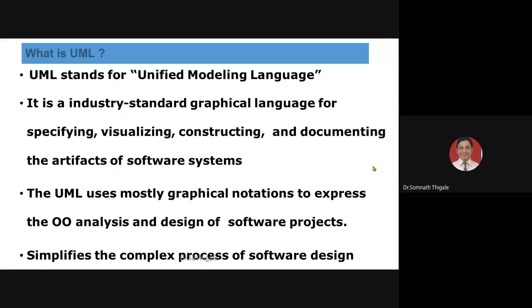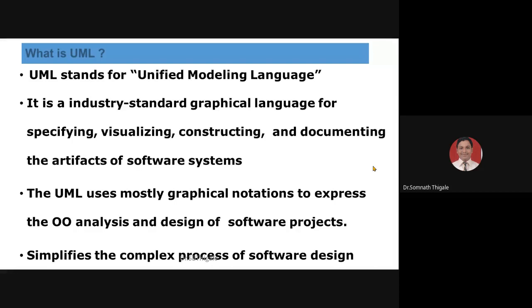What is UML? As you all are aware, UML is the Unified Modeling Language. It is an industry standard graphical language for specifying, visualizing, constructing, and documenting the artifacts of a software system. Whatever software you are going to develop, the software development life cycle has various phases: analysis, then designing, coding, testing, and deployment. In the first phase, analysis, you have to specify the requirements.